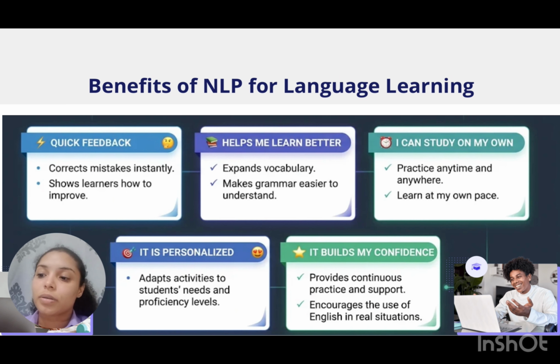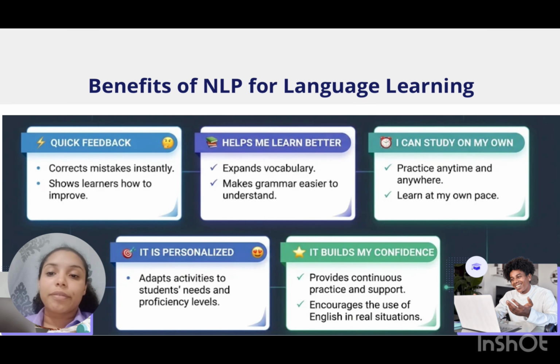The more I practice English, the more confident I feel to speak with other people. It's also personalized: activities are adapted to the student's needs and level. For example, the activity matches my English level, so learning is easy for me.